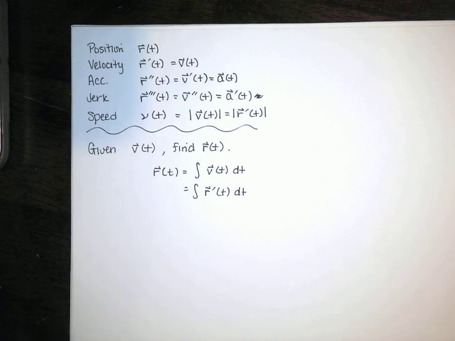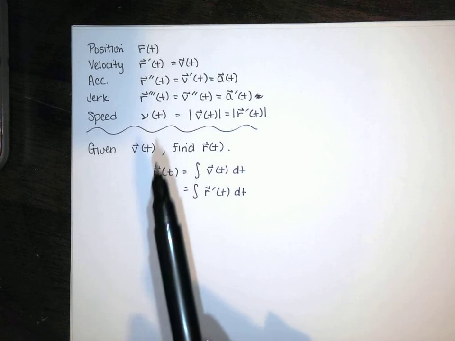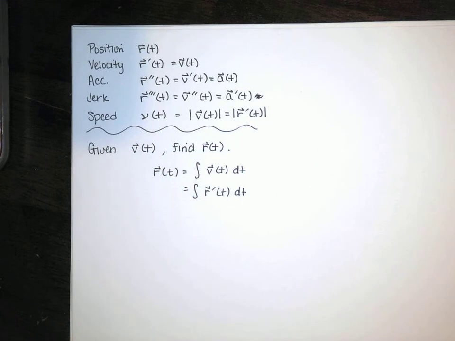Unfortunately, this is going to have some arbitrary constants in it. I'm going to have one arbitrary constant for each component. That's not very useful. If I tell you, this is my position as a function of time, plus or minus as many units as you want in the x, y, and z direction, well, I didn't really give you much of a position, did I? We need to know some initial position in order to find r of t completely.